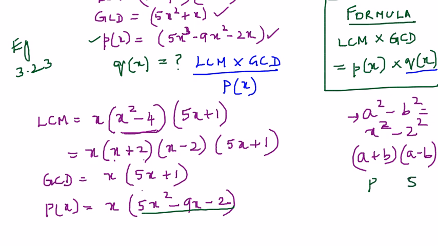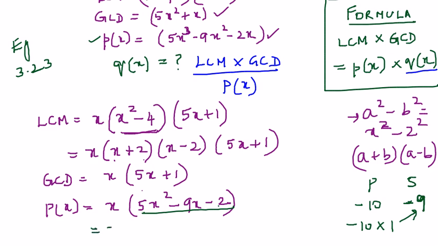The product will be minus 2 into 5, which is minus 10, and the sum is of course the middle term, which is minus 9. So which two numbers when I multiply, I should get minus 10 as the product, and when I add, I must get minus 9 as the sum. So obviously it is minus 10 into 1, which gives minus 10, and minus 10 plus 1 gives me minus 9.